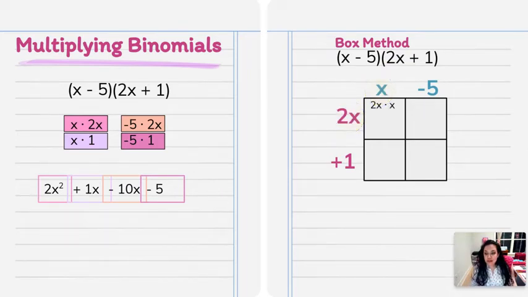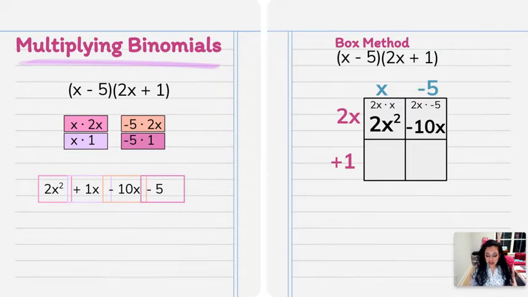So that's 2x times x. When I do that, I get 2x squared. Now I'm going to fill out the top right of the box. So that's 2x and negative 5. Put them right next to each other. That means multiply. 2x times negative 5, and I get negative 10x.